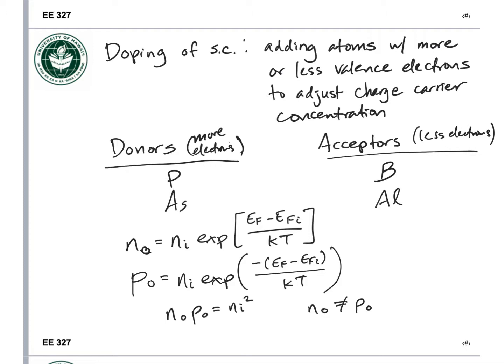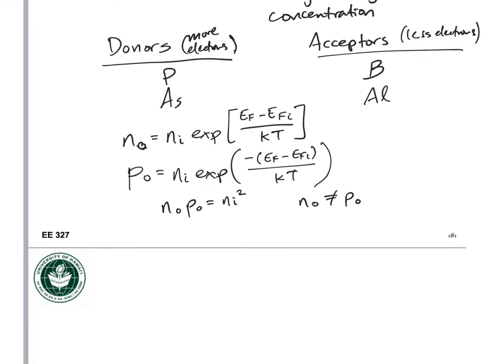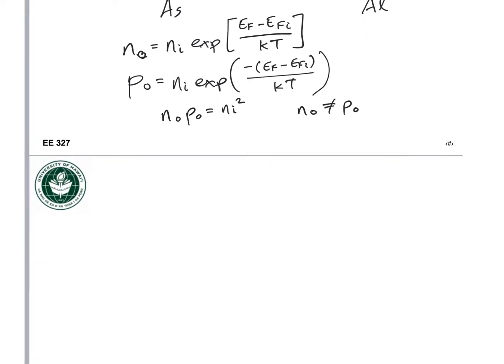Now there is a more extreme case of this doping where you can end up with something called degenerate doping. This is sounding more and more like illegal drugs.